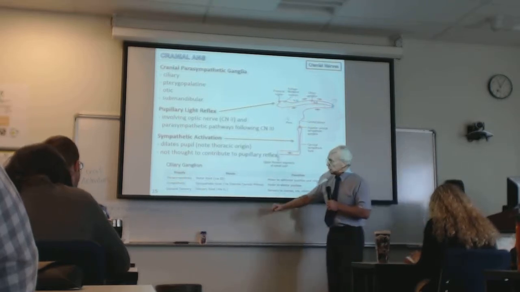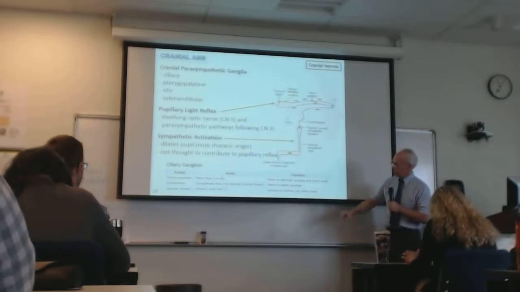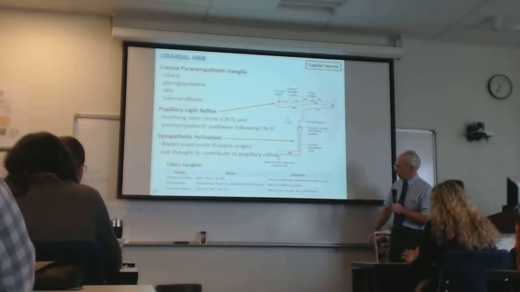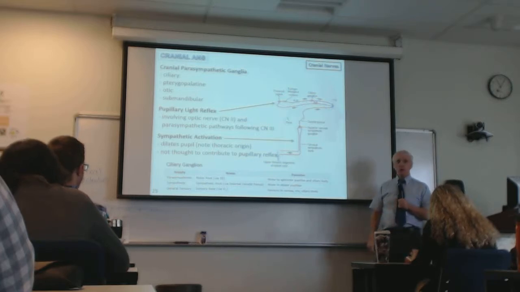And then it has a third category here called general sensory. You see the V1 there. So it says sensory to the cornea, iris, ciliary body. Here we're talking about somatic sensation of which you are palpably conscious.